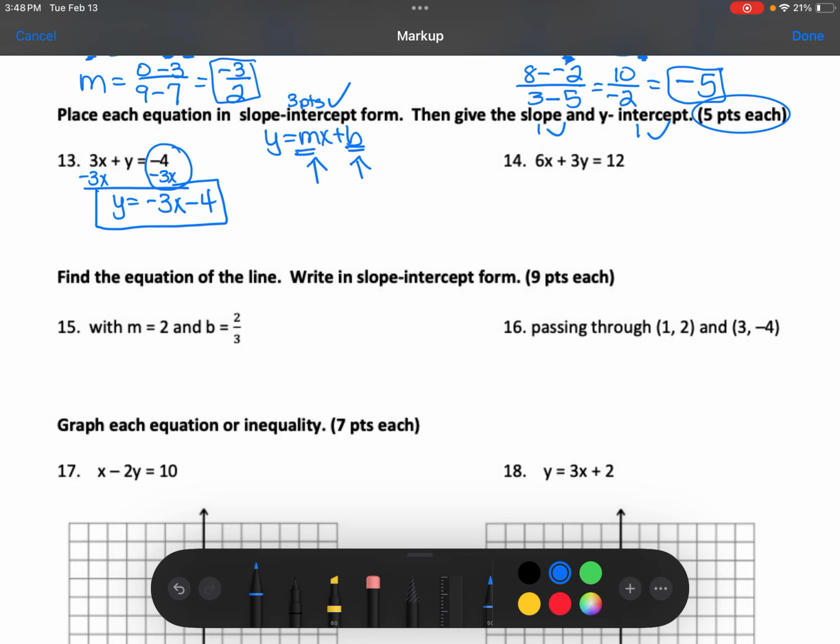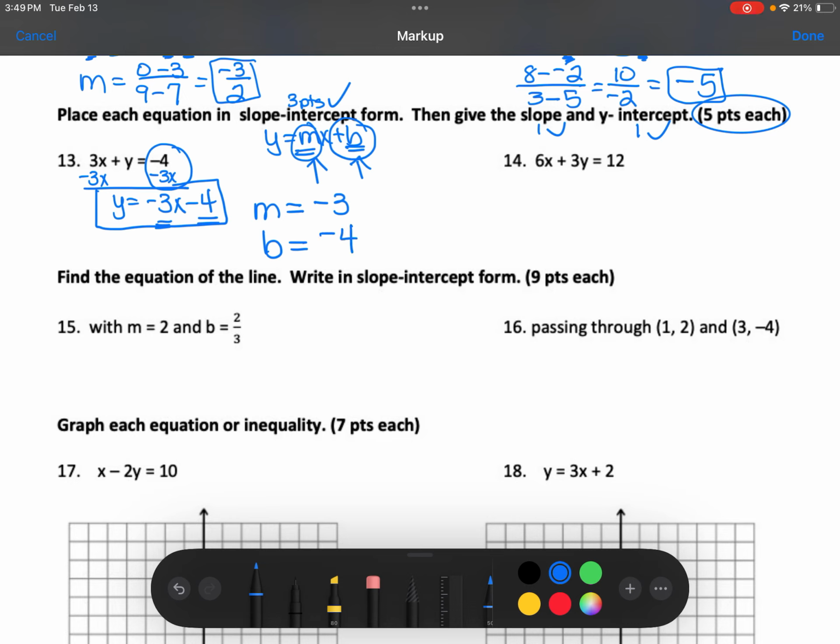So m equals this number, the one in front, right here, in front of the x. So my slope, or my m, is negative 3. And then my y-intercept is the second part of the equation, which is this part right here. But this one is minus 4 instead of plus, so that minus turns into a negative 4.